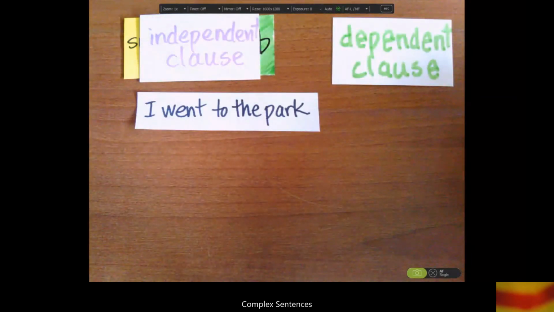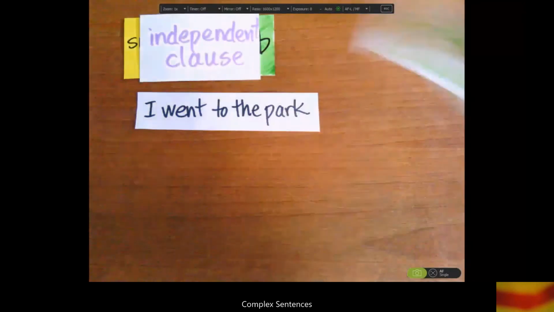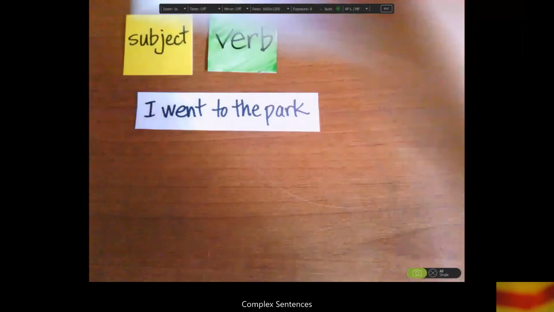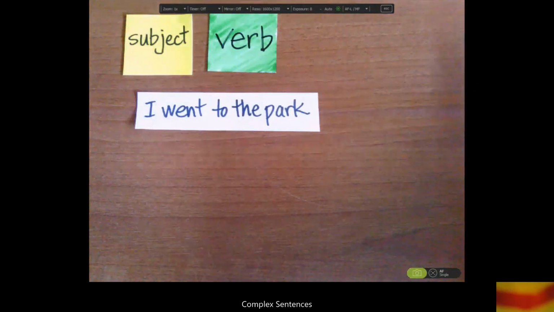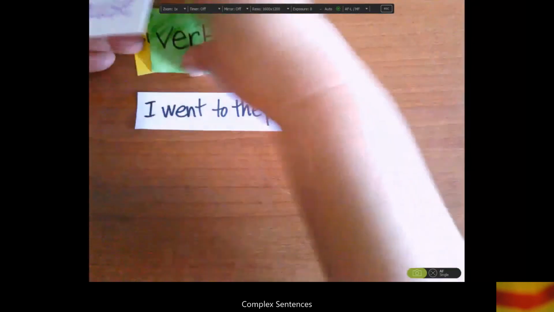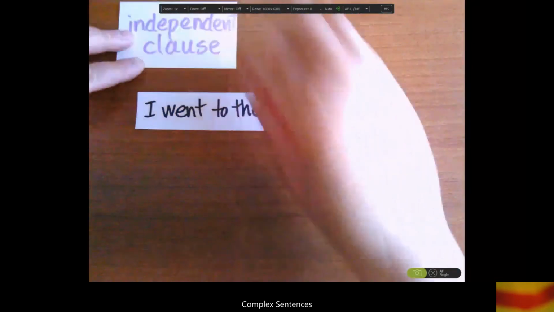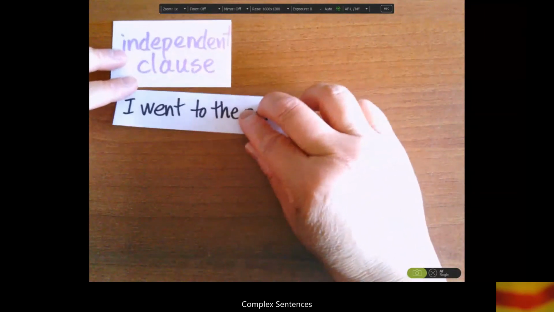Now, what's the difference? If you recall, a simple sentence is a complete thought. I went to the park is a complete thought. We're replacing a simple sentence by name with an independent clause.